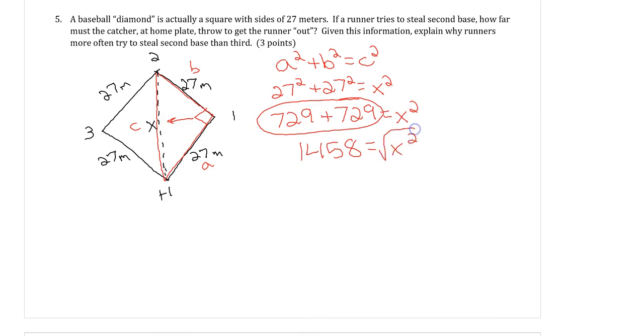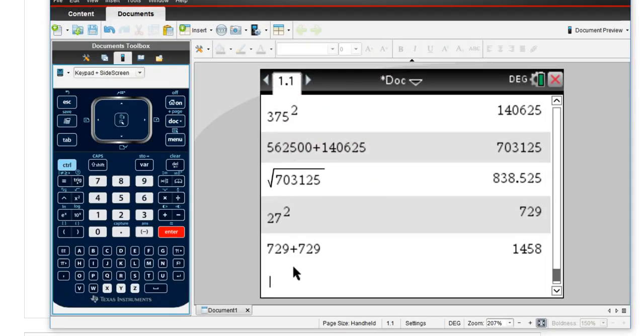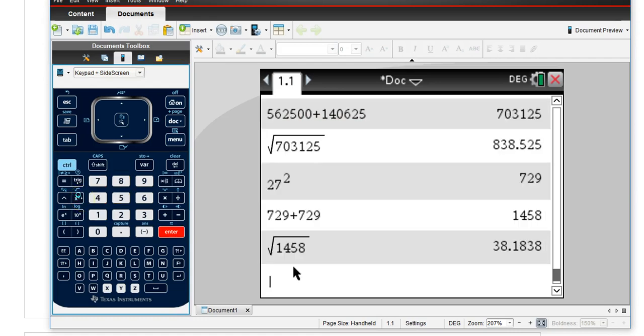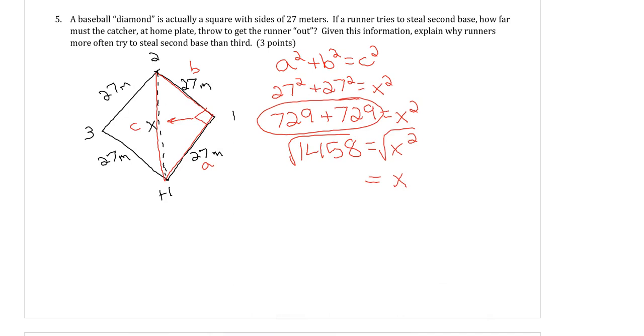Then, right, to solve for x, I just take the square root. The square root of 1458 is about 38.2. We'll round it to that.